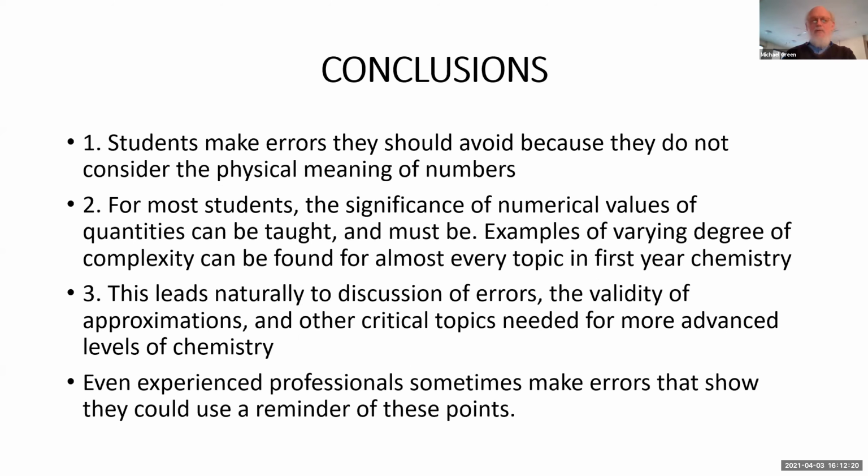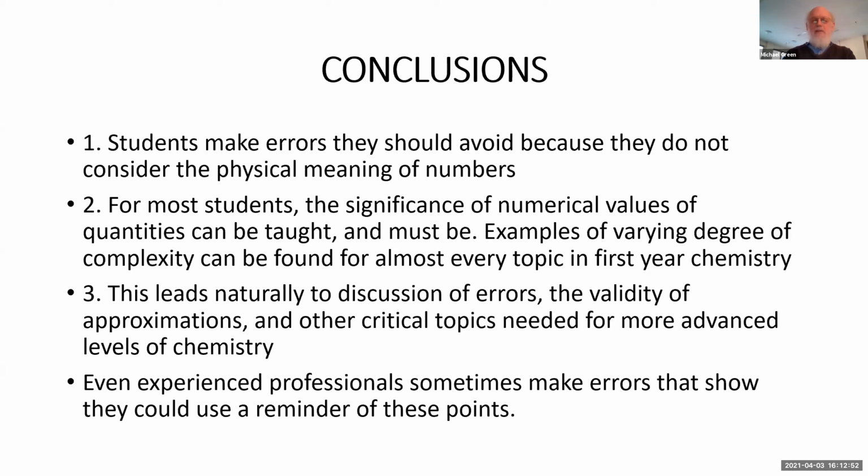So the moral of the story overall is that students make errors they should avoid because they do not consider the physical meaning of numbers. For most students, the significance of numerical values of quantities can be taught and must be. Examples of varying degrees of complexity can be found for almost every topic in first-year chemistry. That heat of reaction example that I showed was very trivial, but you can pick more complicated examples.